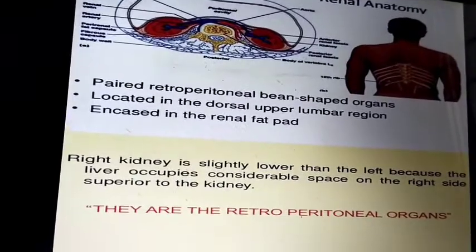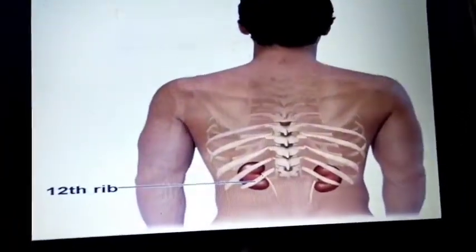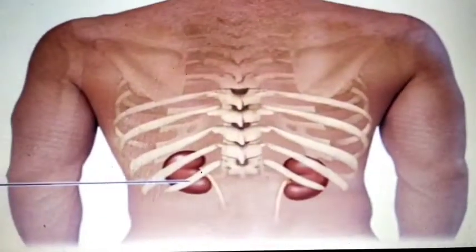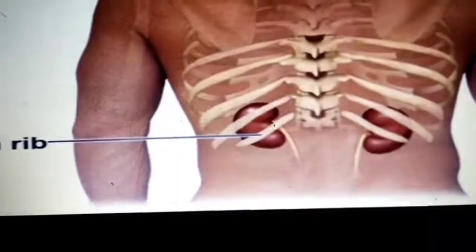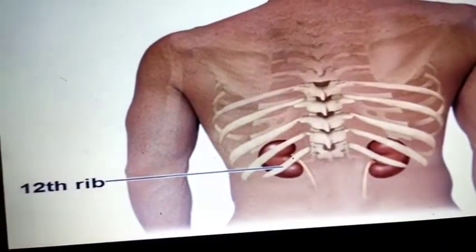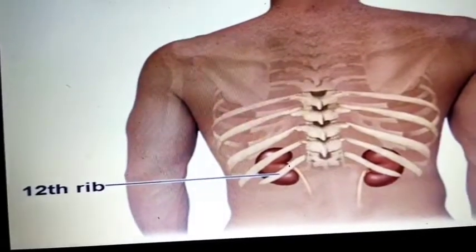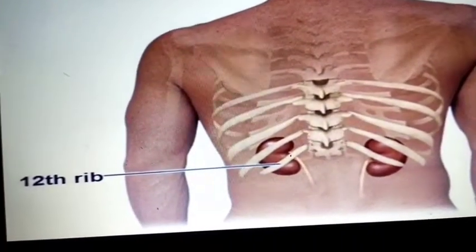These are the retroperitoneal organs. You can see here how the kidney is protected by the vertebrae and by the ribs, from the 10th to the 12th ribs.